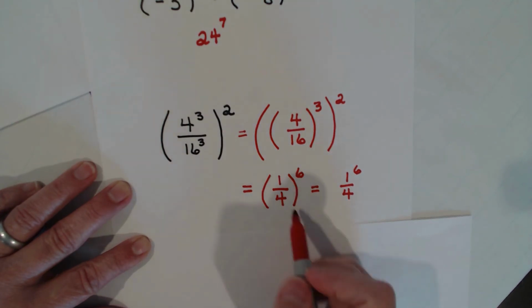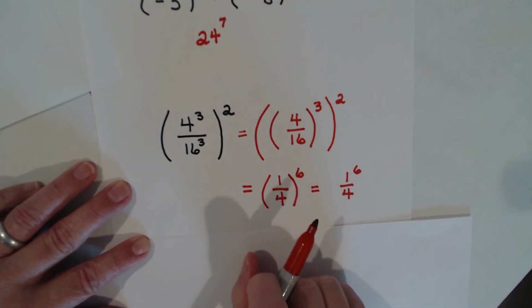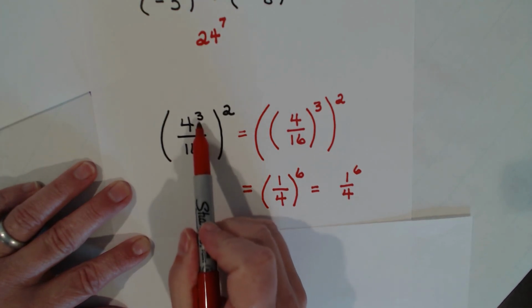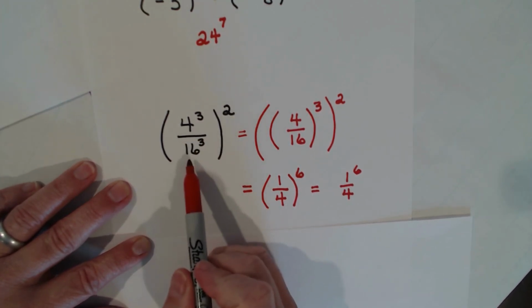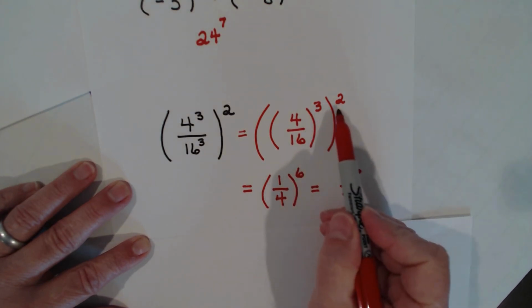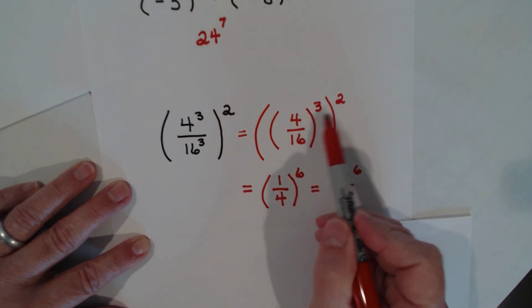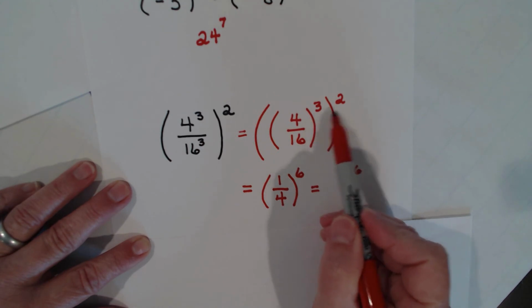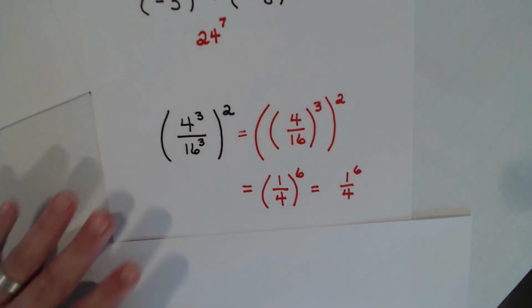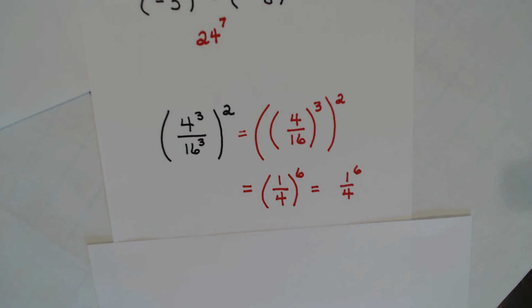It's simply 1/4 raised to the 6th power. I could do this because the exponents were the same, the bases are different. I rewrite it, simplify it, and then use previous laws that we've gone over to multiply these together to get this. The next video is going to go over the last 3 problems. The last 3 problems are a little bit more advanced, but we can do them.